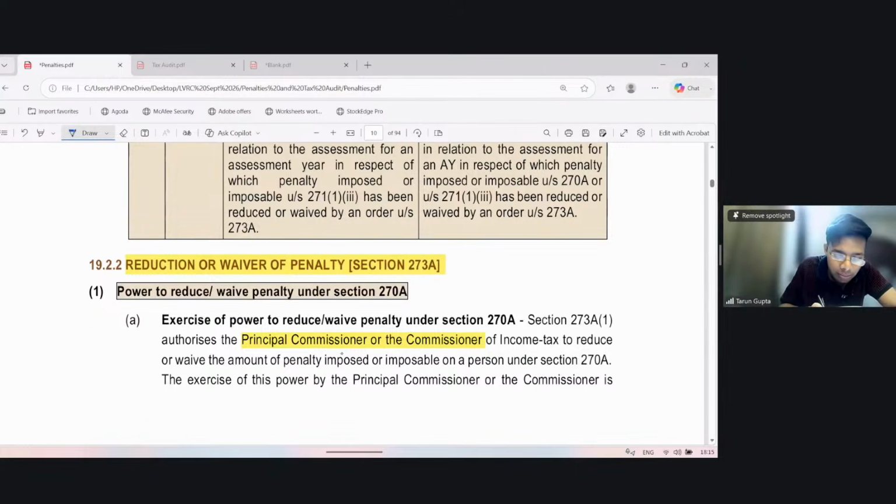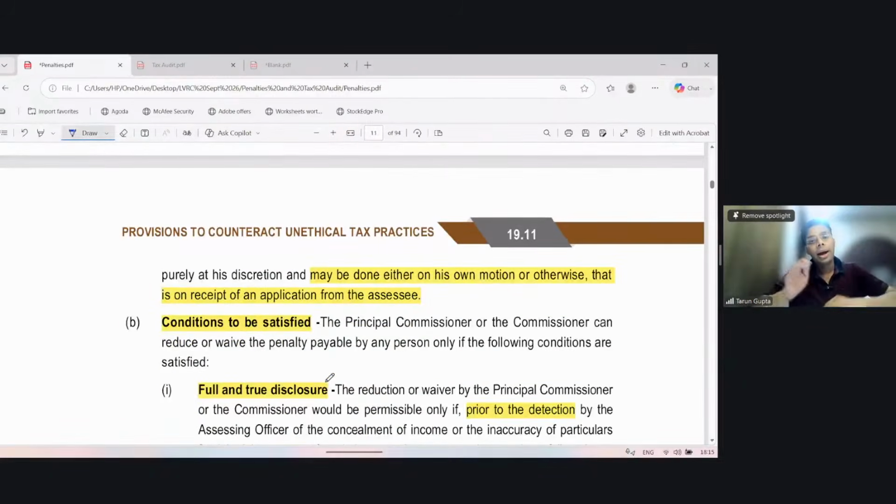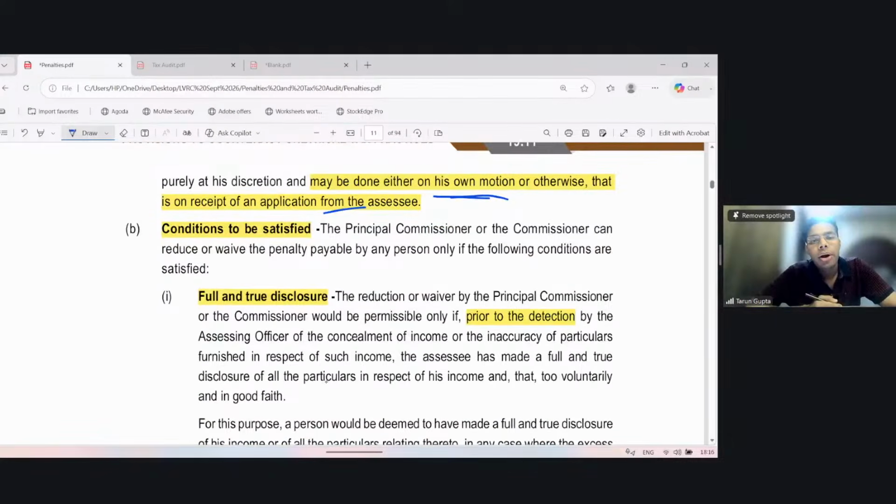Who does it authorize? The PCIT or CIT to reduce or waive the penalty imposable under section 270A. Under this section, the PCIT or CIT can act on their own motion, they can reduce or waive the penalty on their own motion, or they can, of course, act on the application made by the assessee. But to waive or reduce the penalty, some conditions have to be fulfilled. What are those? First is full and true disclosure, and that too before detection by the assessing officer.